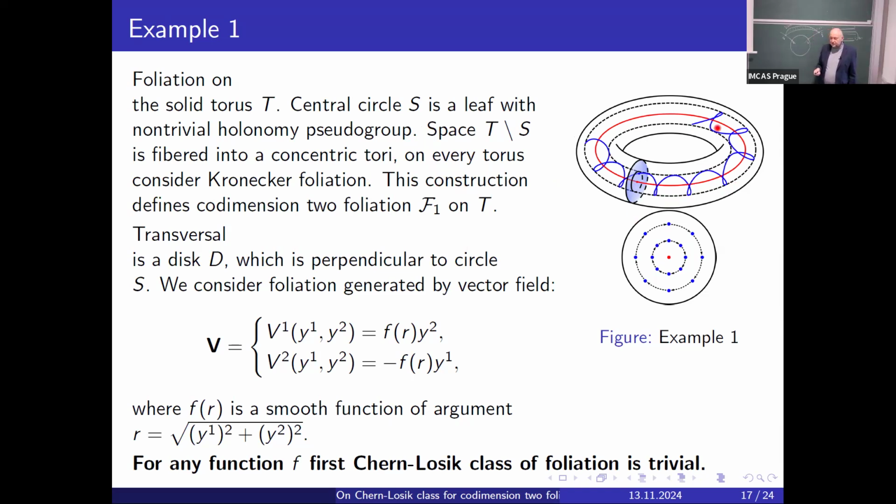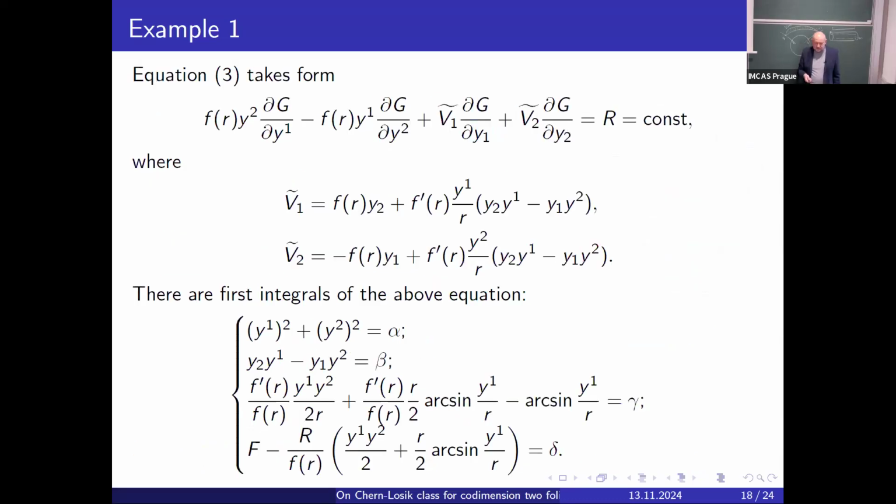So this is a foliation on the solid torus. For example, we can consider an open solid torus without boundary. And what is proved in this case is that for any function f, the first Chern-Losik class is trivial. So this example is not so interesting in some sense.